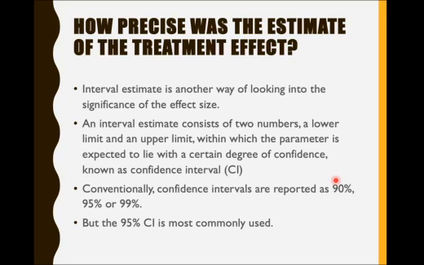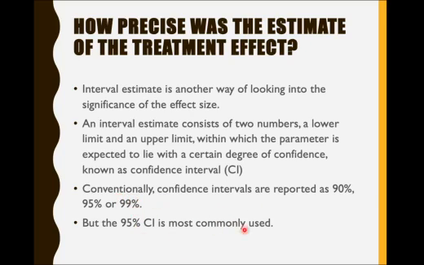Now, how precise was the estimate of the treatment effect? The interval estimate is another way of looking at the significance of the effect size. The interval estimate consists of two numbers, a lower limit and an upper limit, within which the parameter is expected to lie with a certain degree of confidence. Conventionally, confidence intervals are reported as 90, 95, or 99%.